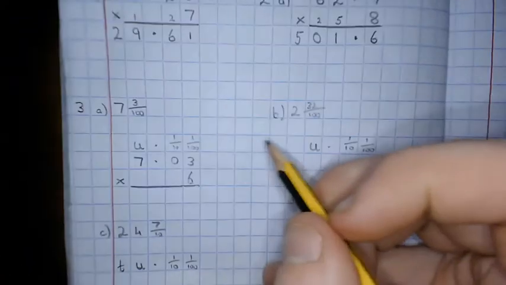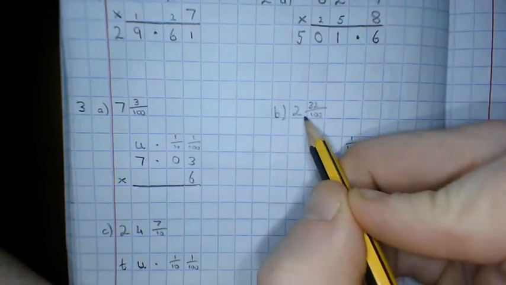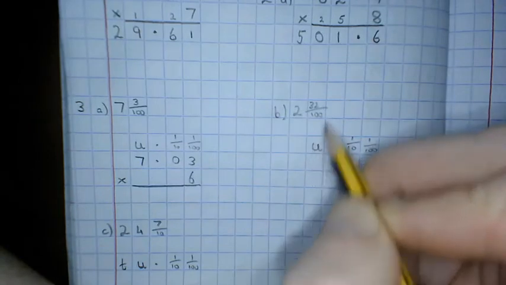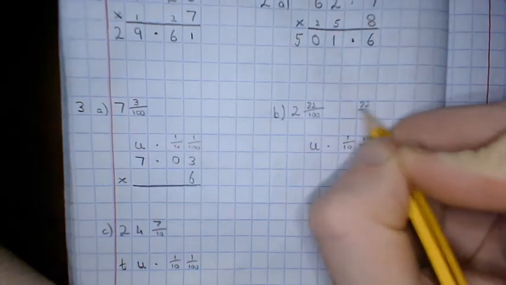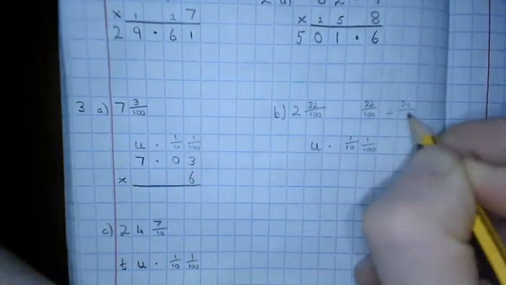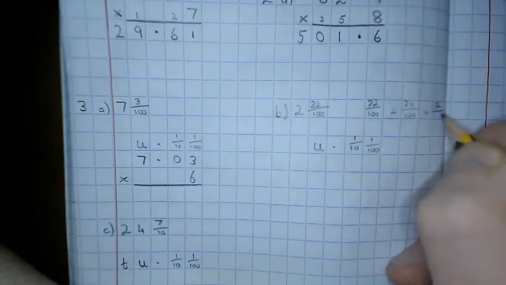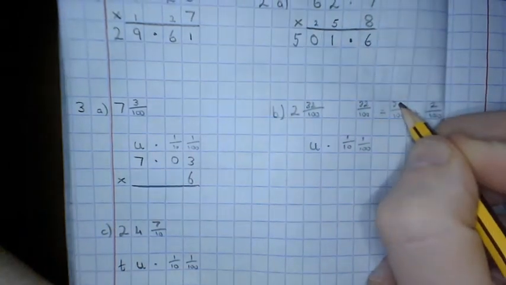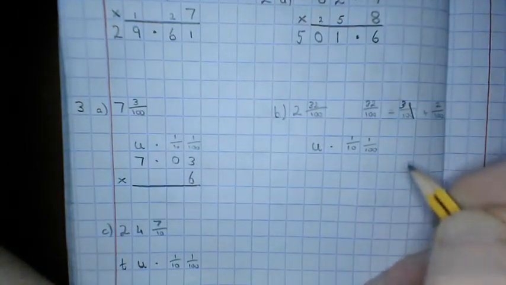And then for B, this is a little more challenging. So it's 2 and 32 over 100. So we know 32 over 100 equals 30 over 100 plus 2 over 100, and 30 over 100 is the same as 3 over 10.